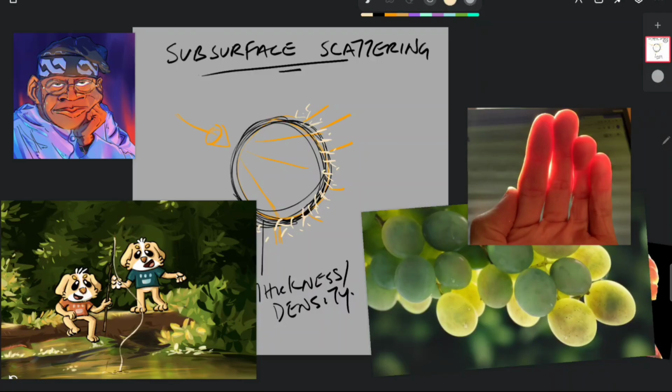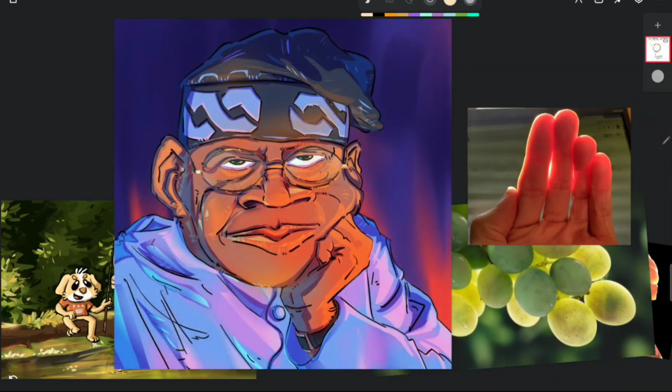Take note of these, and make sure you understand that subsurface scattering doesn't only happen at an angle. You can see in this painting I created, we have a strong light. Take note, it also depends on the intensity of the light. If you have light far away from the object or the character, the surface won't scatter that way. It won't be that strong. You just have your light, highlight, and cast shadow, as you all know.